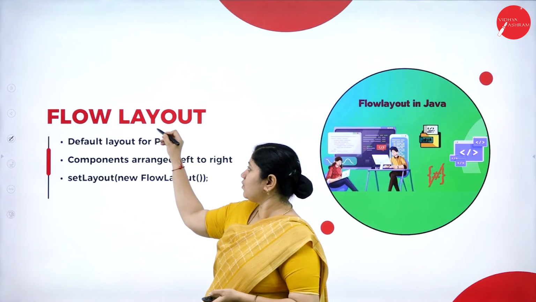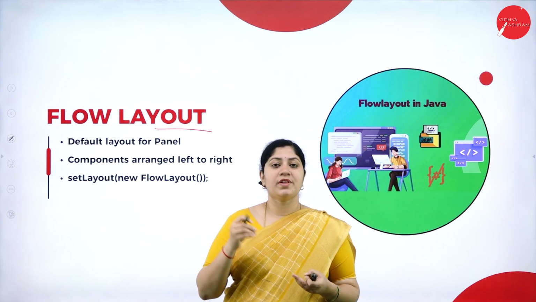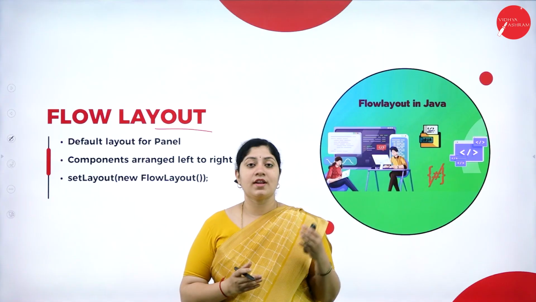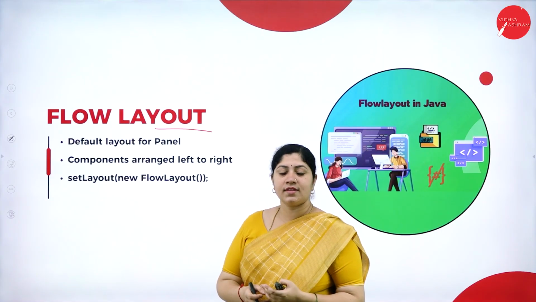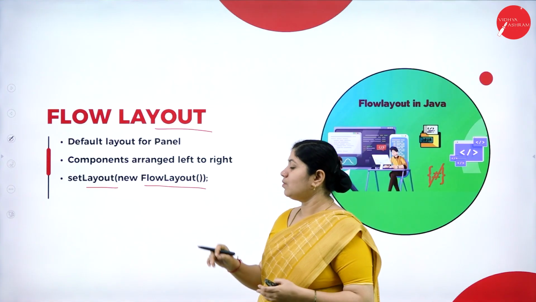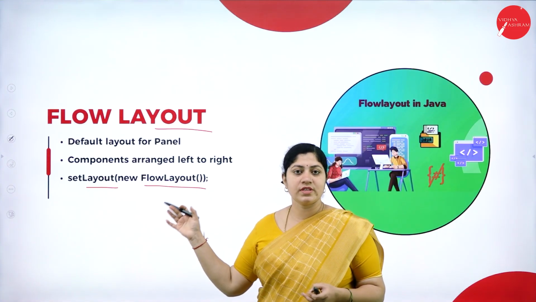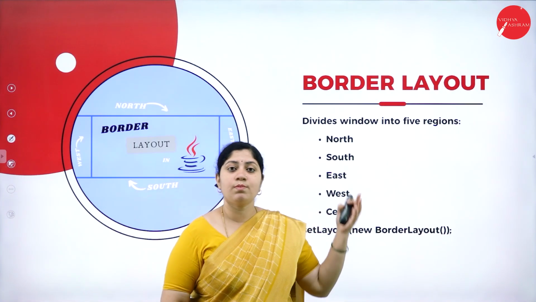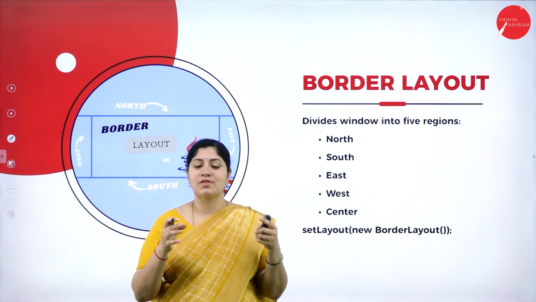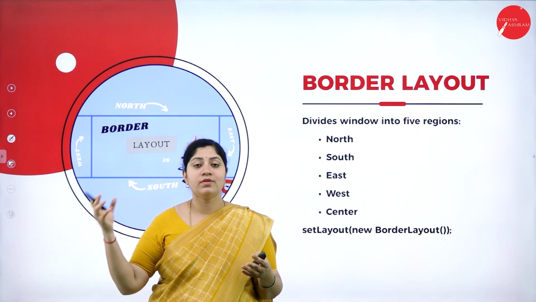The first one is the flow layout. This is the default layout for a panel. The components are arranged from left to right, and the syntax that we can consider is setLayout(new FlowLayout()). So this is the case. Next is the border layout. As the name itself says, this is responsible for handling the border variations.